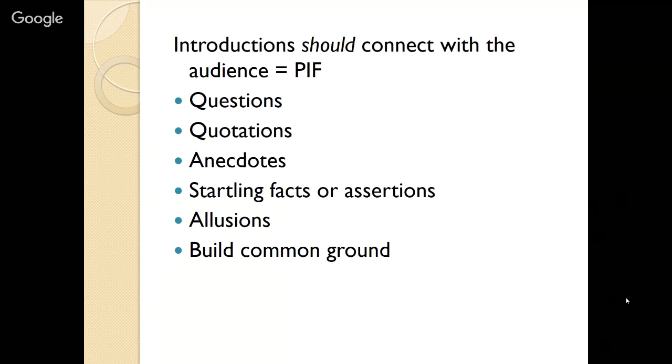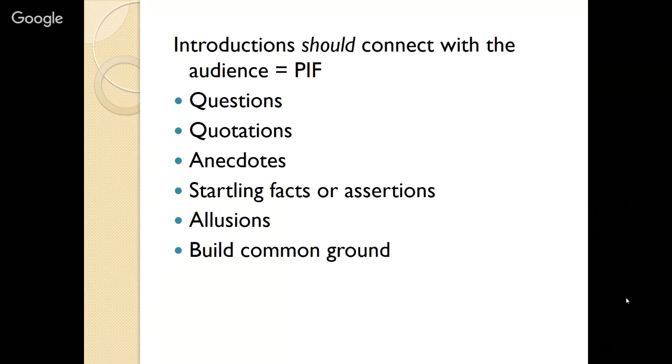So you can use questions to help build that common ground. Questions are good for a couple reasons. When we ask a question, even if it's a rhetorical question in which the answer is implied by the question itself, we feel that we should answer questions.